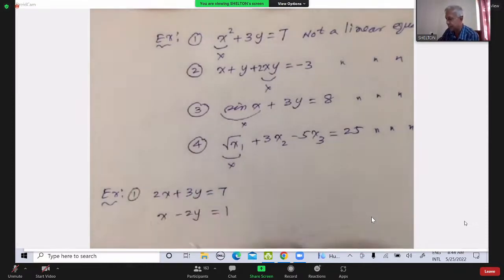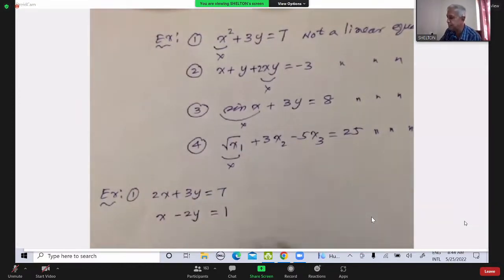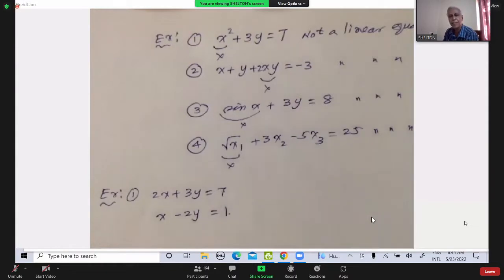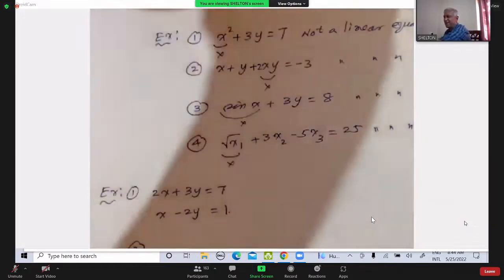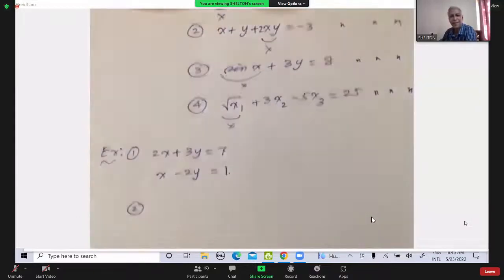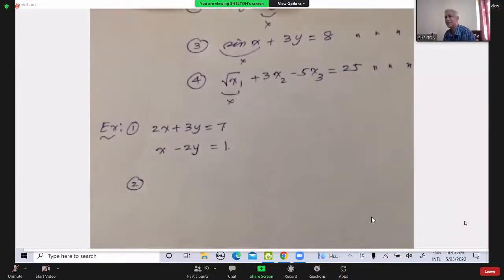This is the first example of a system of linear equations. This is a linear equation, and this is a linear equation. More than one, so we say it's a system of linear equations. In the first statement, we say more than one linear equation, but even one equation can be considered a system of linear equations. You will see that after I give the proper definition.